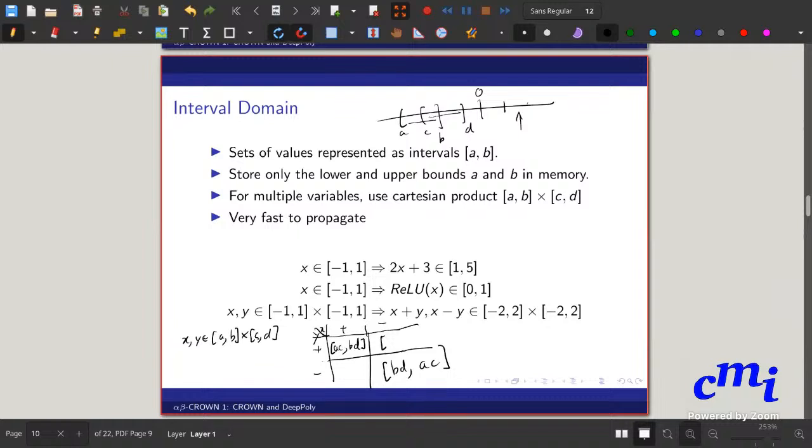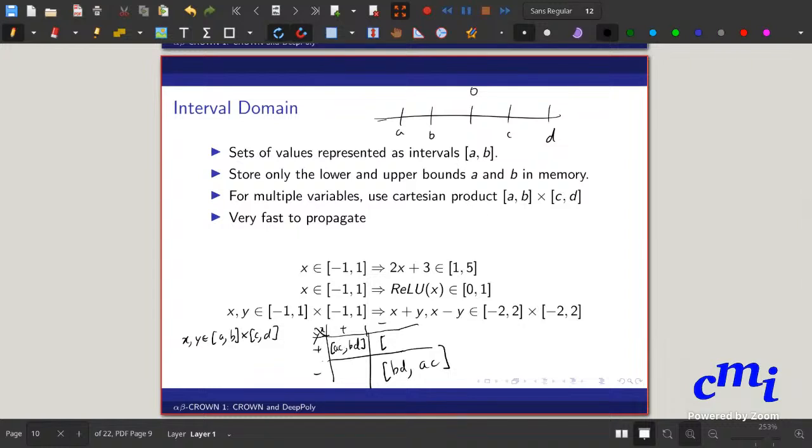Now let's say that we have this case where AB is completely less than 0, CD is completely greater than 0, right? So in that case, what will happen? We have this kind of situation where we have 0, A, B, C, D. So what is going to happen here?